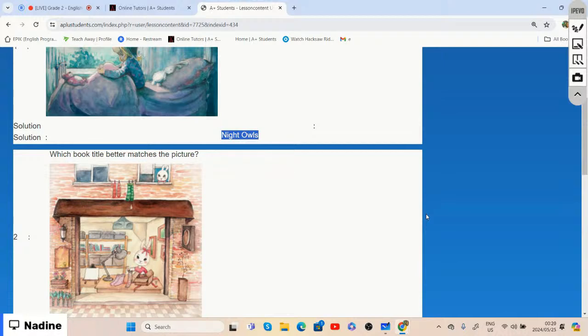So if we look at this picture, which book title better matches this picture of the rabbit?